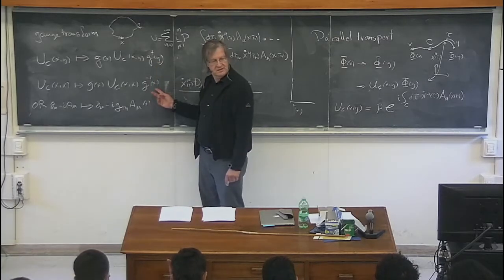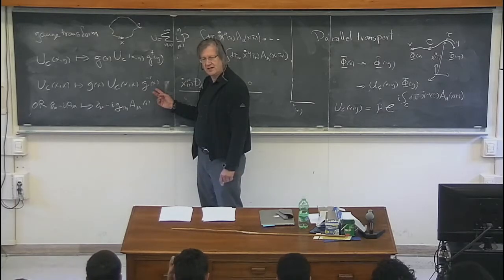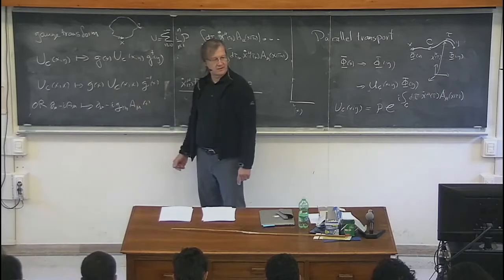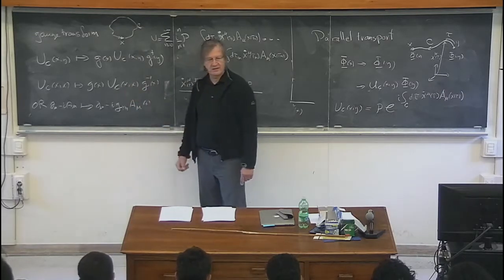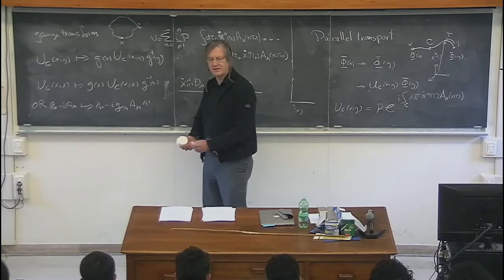Okay, so this is still not invariant under coordinate transformations, but it transforms by conjugation, and that means you can pick out of it things that are invariant, right? Those attributes of it that are unchanged by conjugation. And what are those things that are unchanged by conjugation called?